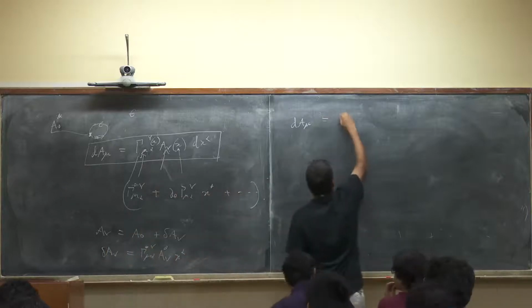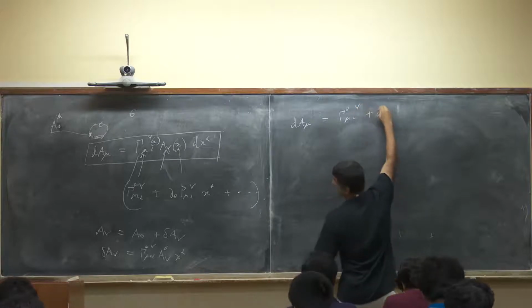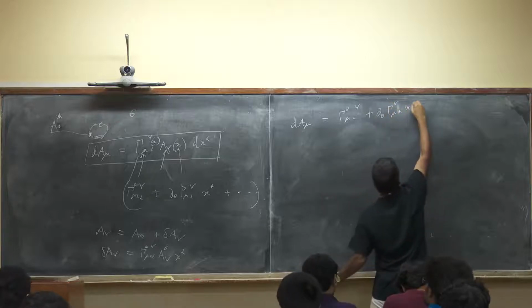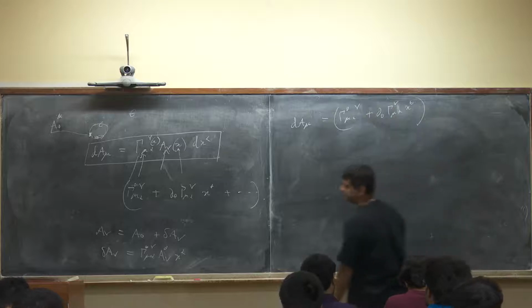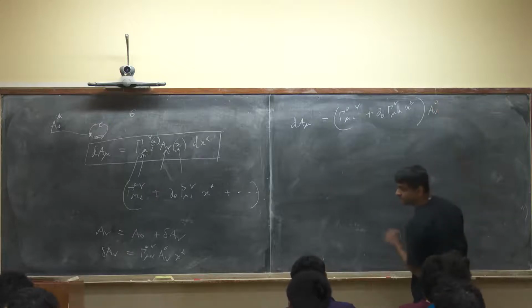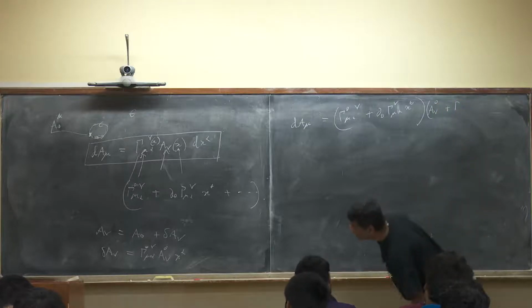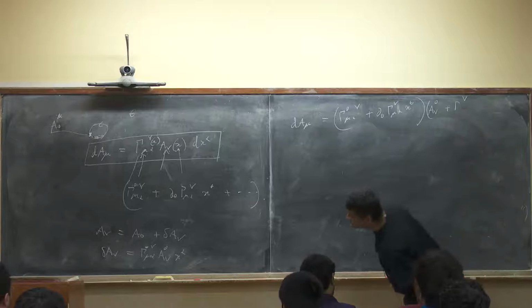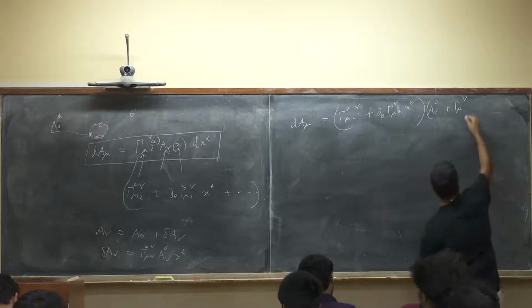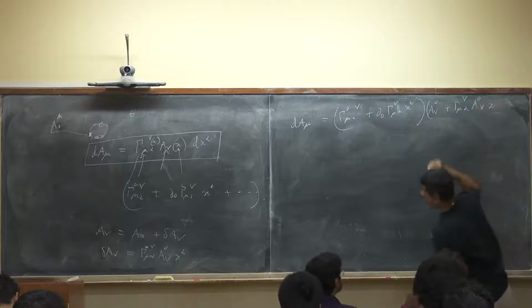So this is equal to gamma 0 mu alpha nu plus del theta gamma nu mu alpha x theta into A mu 0 plus gamma nu mu alpha A0 nu x alpha.